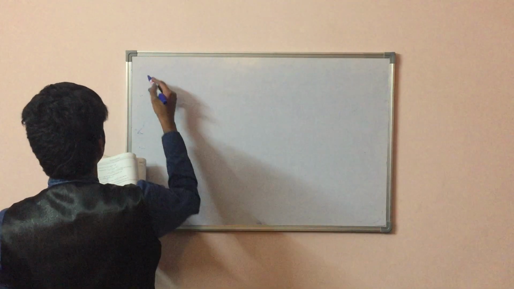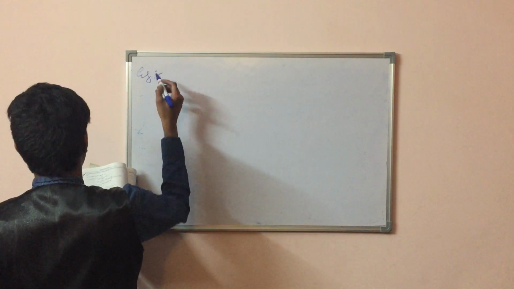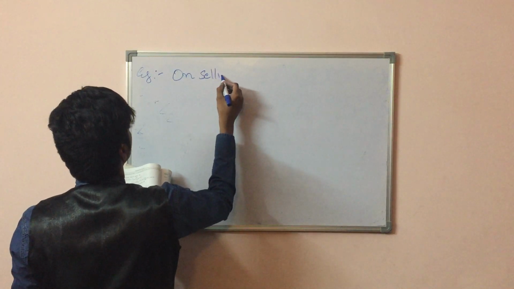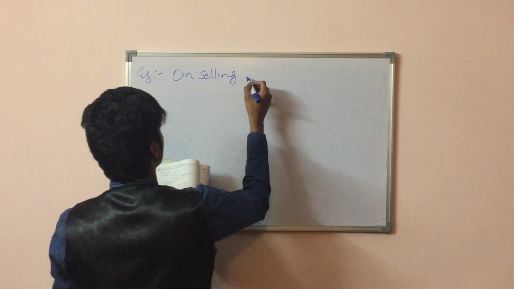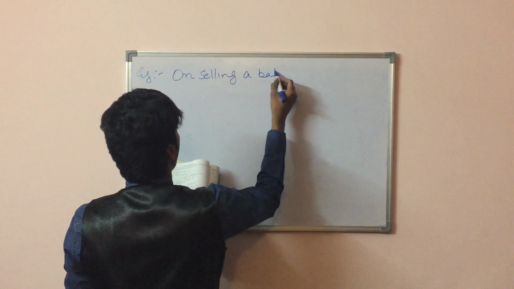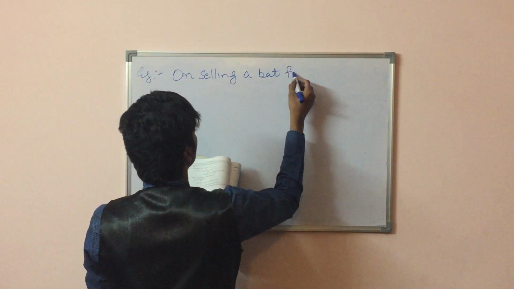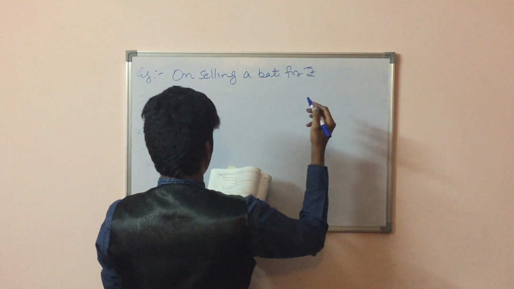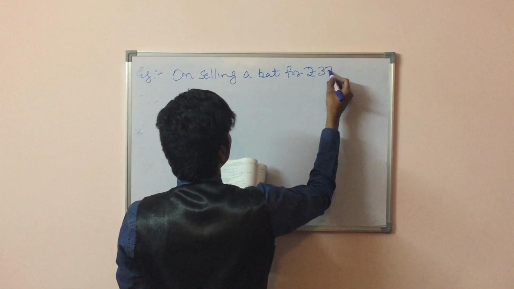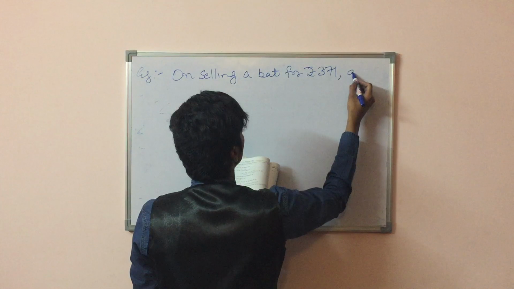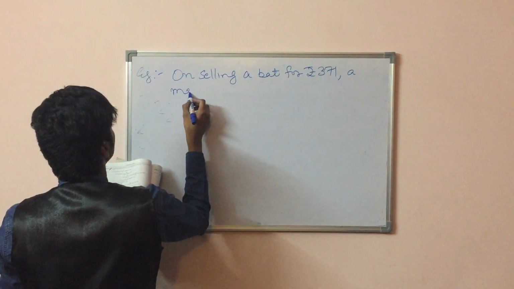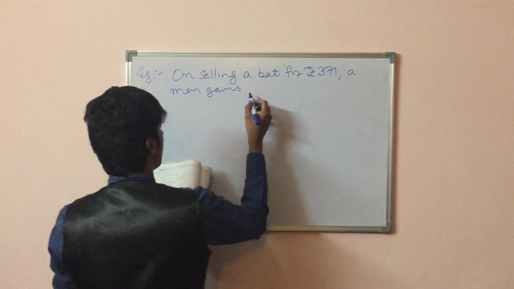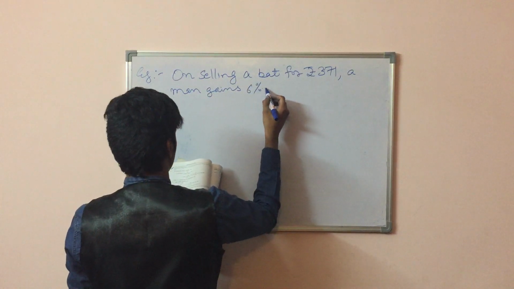So, in the next example, on selling a bat for rupees 371, a man gains 6%.